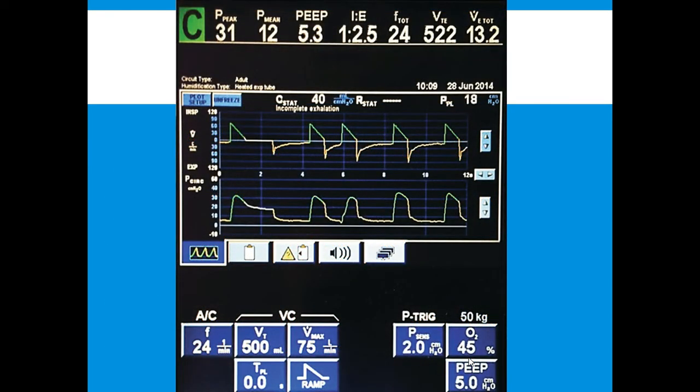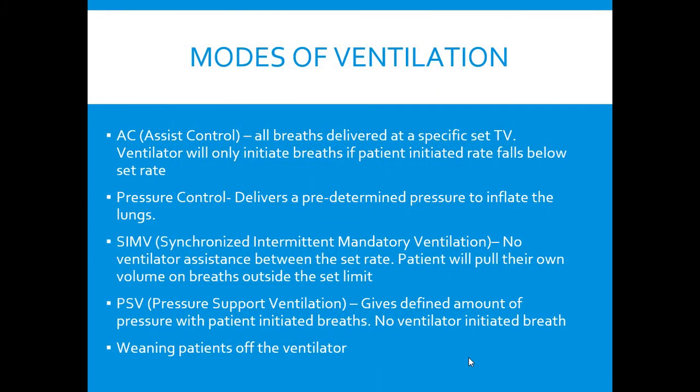All right, so let me go back. AC, assist control. All breaths are delivered at a specific set tidal volume. With each ventilated breath, there's a guaranteed volume of 500, typically used with unstable patients who need full ventilatory support.